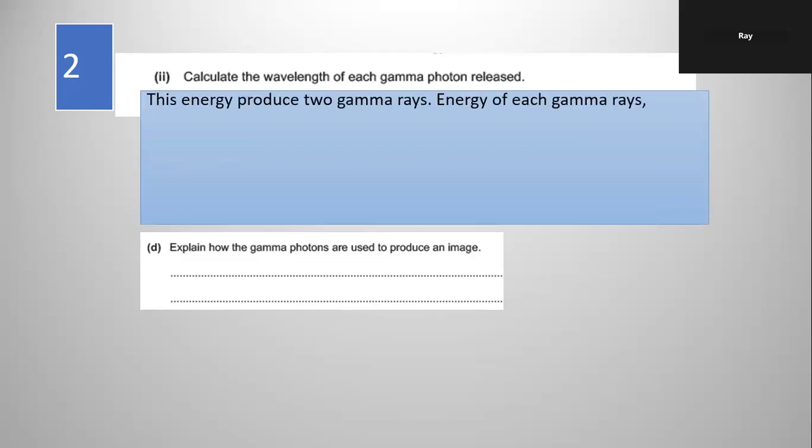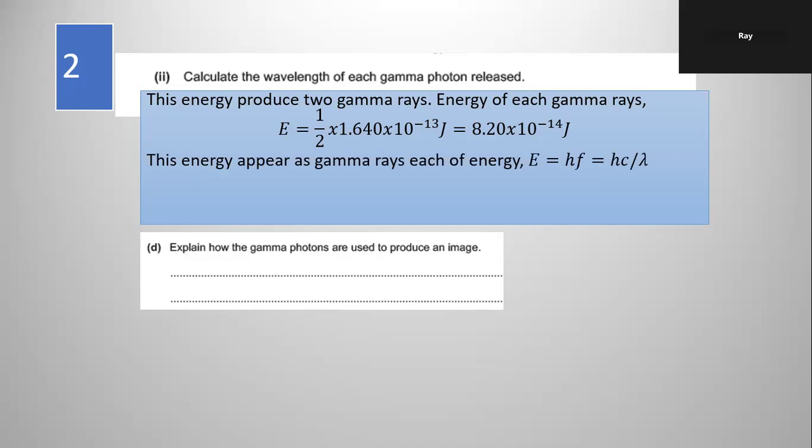This energy produces two gamma rays, each of energy divided by 2, because the energy we calculated is for the two gamma rays together. From that, we use E equals hf, then replace f with c over lambda, substitute, and find lambda.